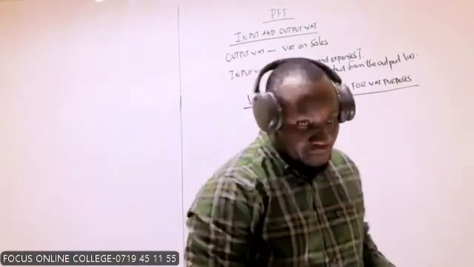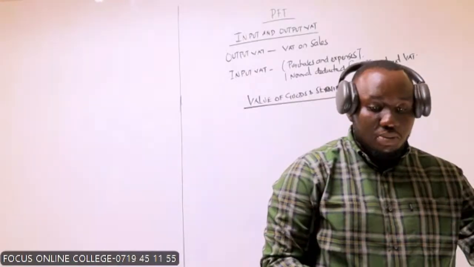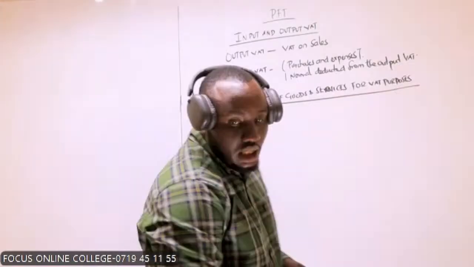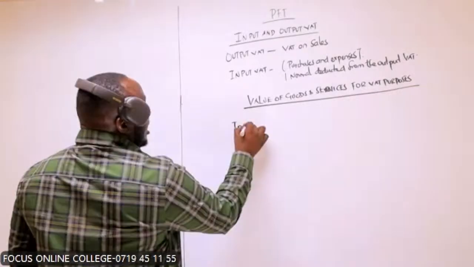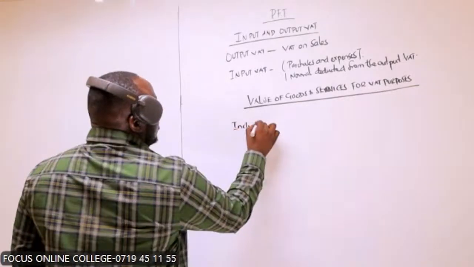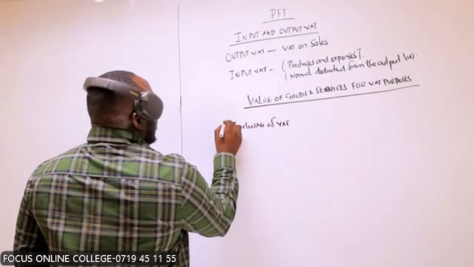When you talk about value of goods and services for VAT purposes, we basically have two values. Number one, call it inclusive of VAT.